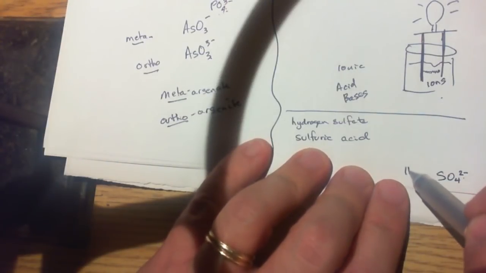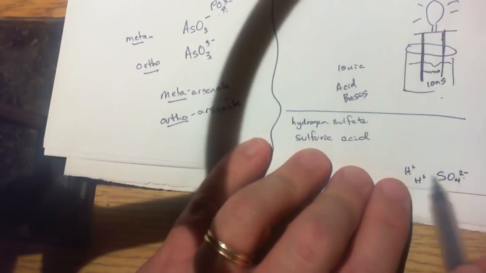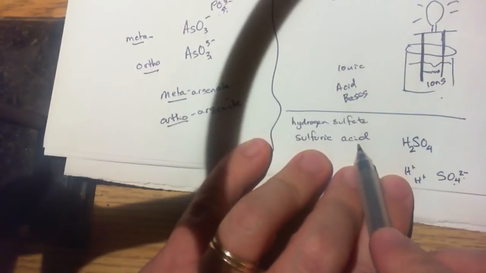So I could pick up 2 H+. Because then I have 2 positive, 2 negative, it'd be neutral. If I pick up a complete set of hydrogen, and I pick up 2 of them, and I'm now a neutral compound, then I'm a sulfuric acid.